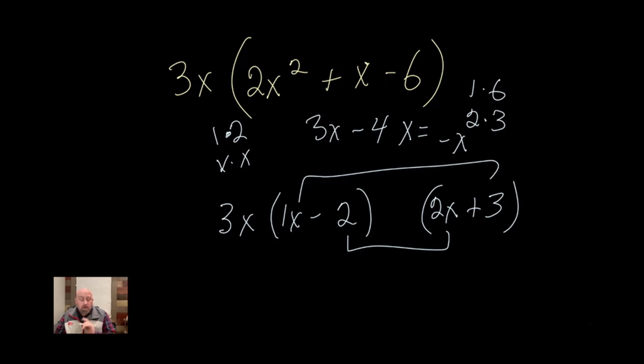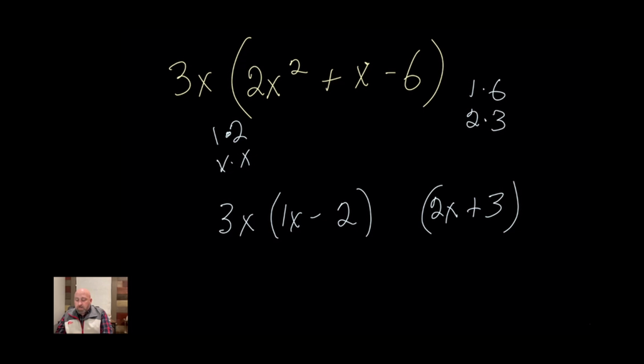Oh, do you remember what happens when we have the correct answer but the wrong sign? That's right. We just need to flip those signs. We just need to take those signs and just move them. And so I'm going to come over here and erase this minus sign, erase this plus sign, and we're going to switch them. So this is going to be the plus, this is going to be the minus, and we're going to try that out.